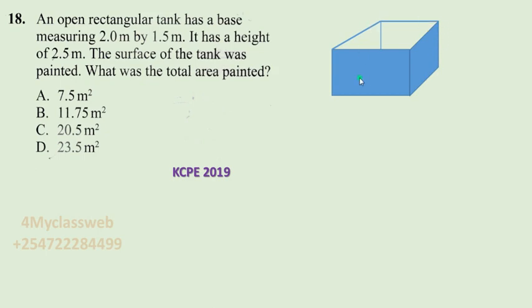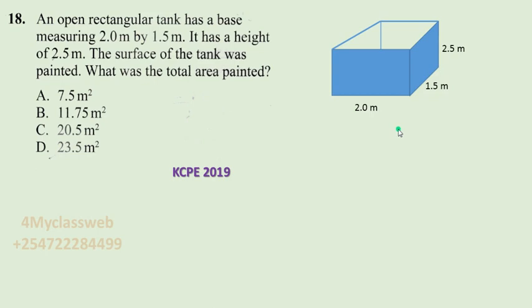Now, the outside surface of this rectangular tank will include this surface, this one, the one which is opposite this one, and there is also another one which is opposite here, and there is also the bottom. Now, the dimensions are 2 meters by 1.5 meters by 2.5 meters.